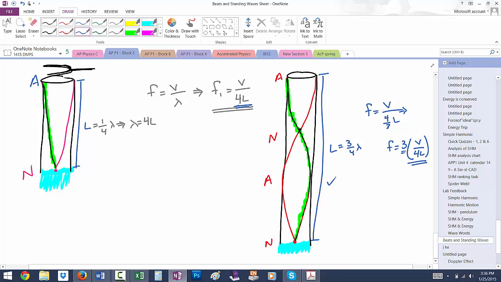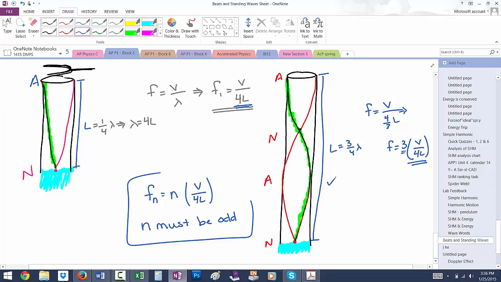So the rule for this type of standing wave where you have one open end and one closed end, f sub n is equal to n times v over 4L. And again, we could go through a number of these and keep propagating it out, and you would find this result. The key here is that n must be odd. Okay, so there are no even harmonics when you have one open end and one closed end.